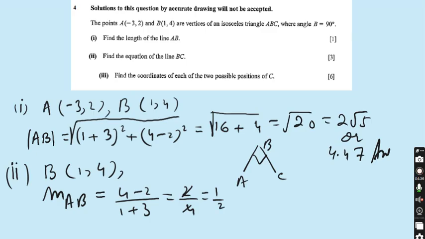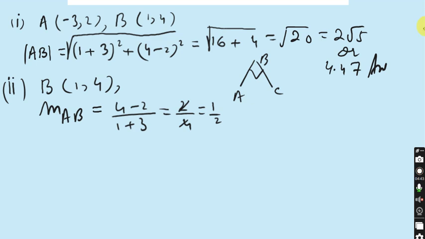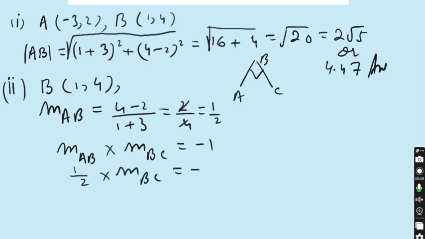Students, if two lines are perpendicular, then the product of their gradients is -1. So the gradient of line AB multiplied by the gradient of line BC should be equal to -1. The gradient of AB we have found is 1 upon 2, so the gradient of BC is -2.